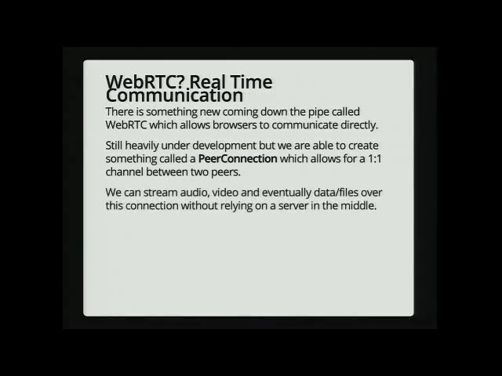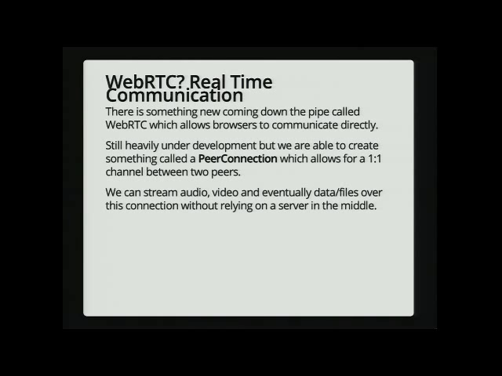So WebRTC is real-time communication on the web. It's something new that's coming down the pipe, and it allows browsers to communicate with each other directly. It's still under heavy development, but we're able to create something called a peer connection, which allows for a one-to-one channel between 2 peers. So what this means is we're able to stream audio, video, and eventually data and files over this peer connection without relying on a server in the middle.